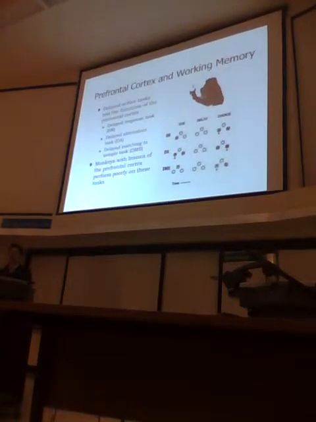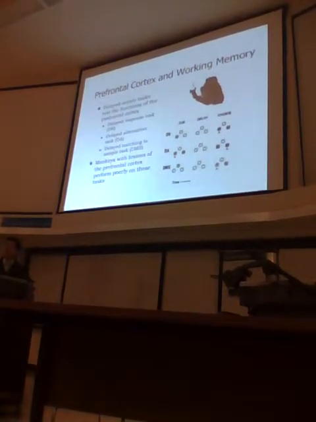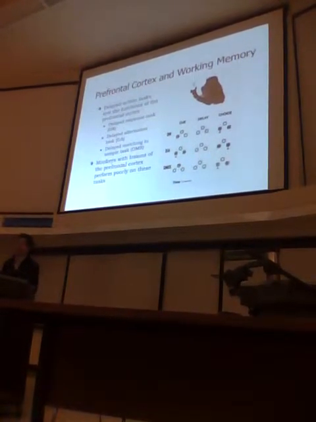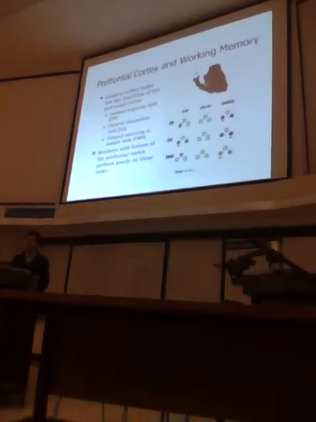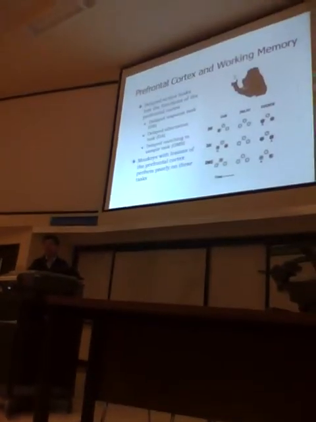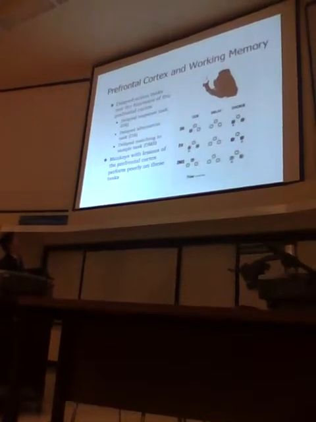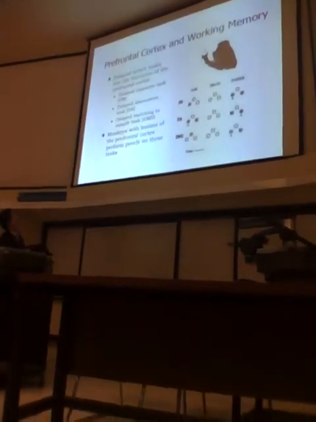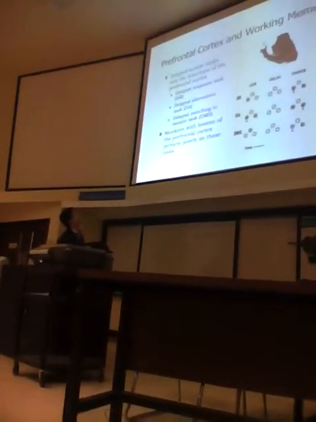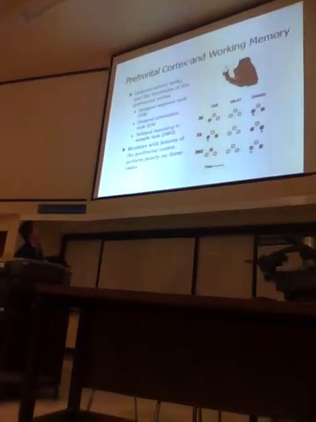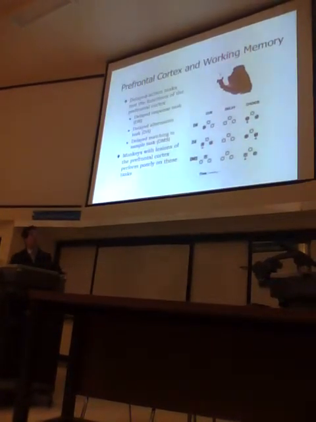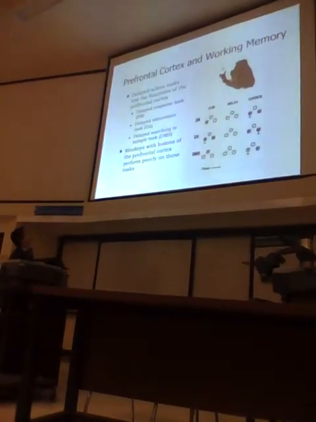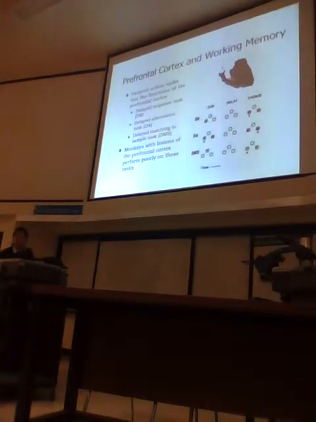Usually it's a macaque monkey, not a chimpanzee, but a macaque monkey. And there are variations of a task known as a delayed action task. There's a delayed response, alternation, and matching to sample task. I'm going to focus mostly on the matching to sample task.